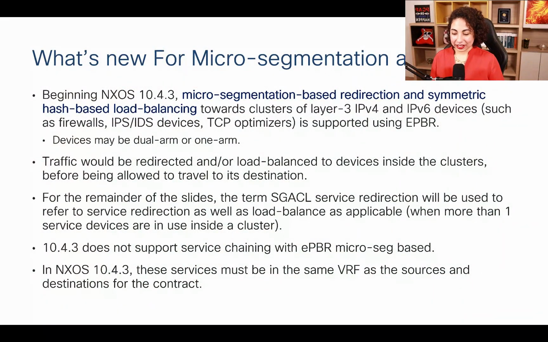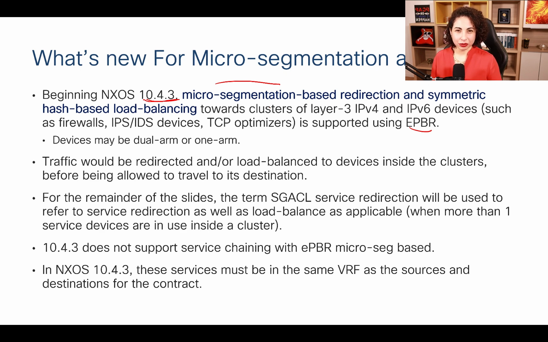Okay, so let's see from the support perspective. This support has been introduced in 10.4.3. So starting from 10.4.3, we can do ePBR with micro-segmentation, because ePBR has been supported before.